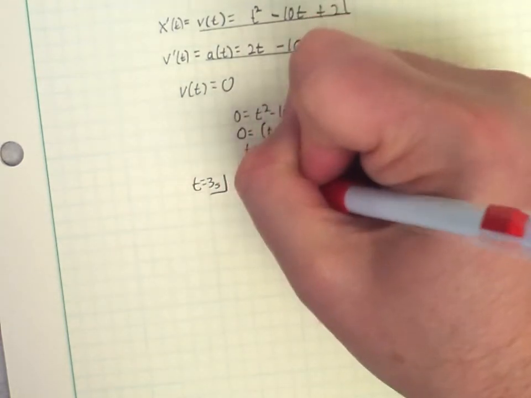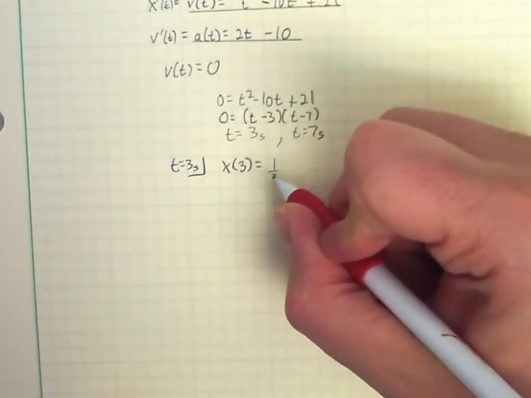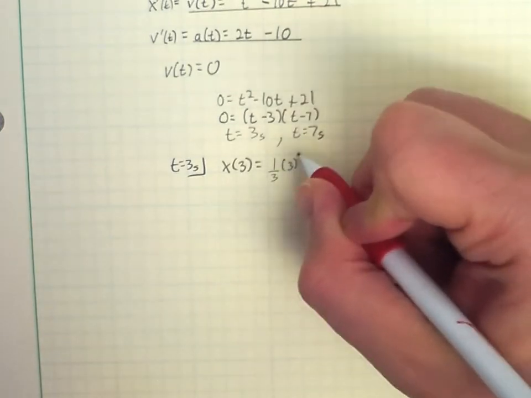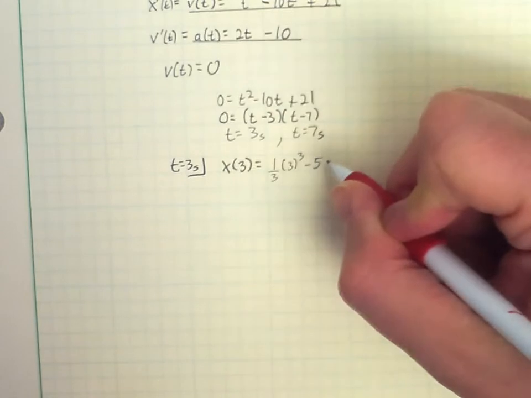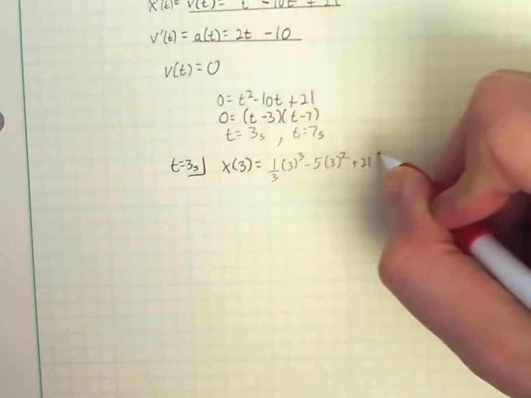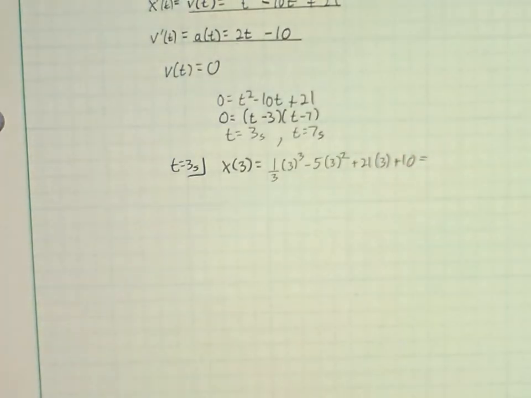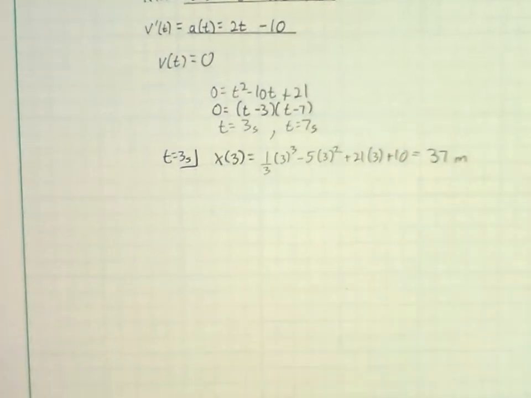So for t equals 3 seconds, x of 3 is 1/3 times 3 cubed minus 5 times 3 squared plus 21 times 3 plus 10. Work that out, I get 37 meters.